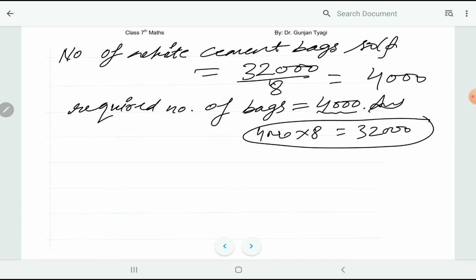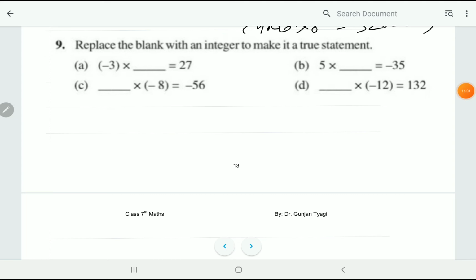Let's do the next and last question of this exercise, question number 9. Let me write the question first. Question number 9 is, replace the blank with an integer to make it a true statement. So what integer needs to be multiplied with -3 to get 27?